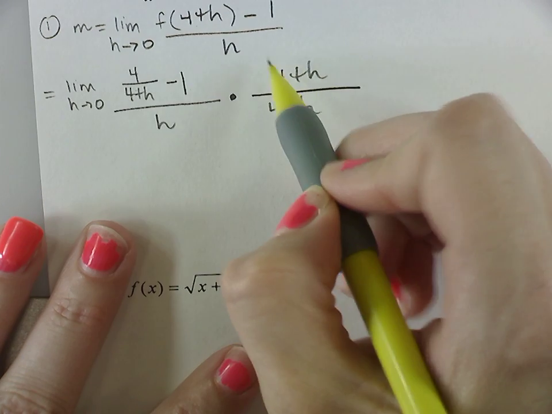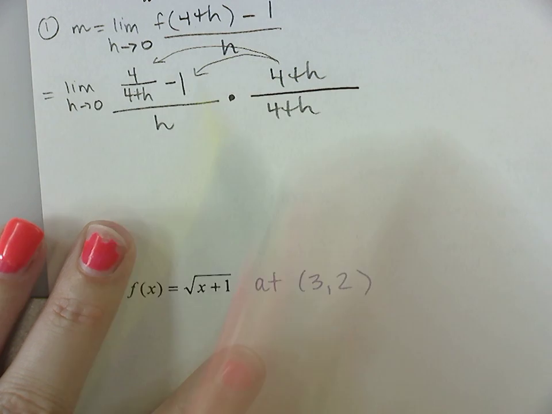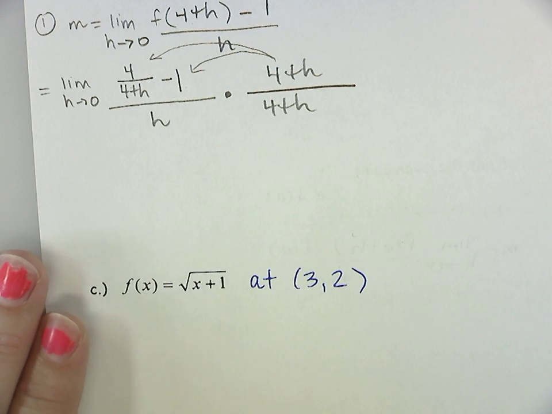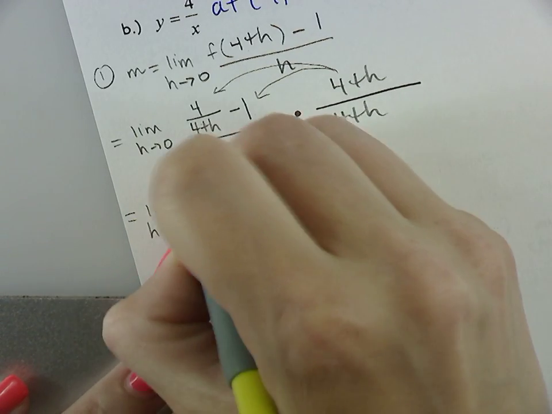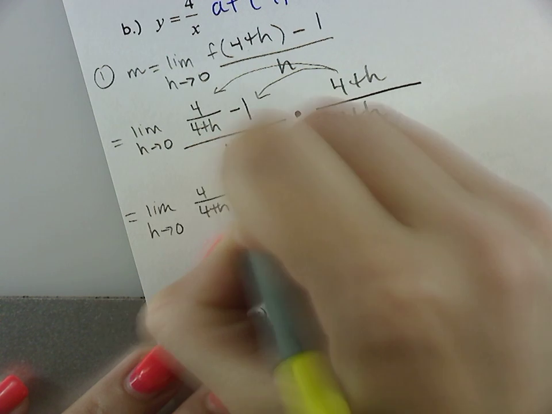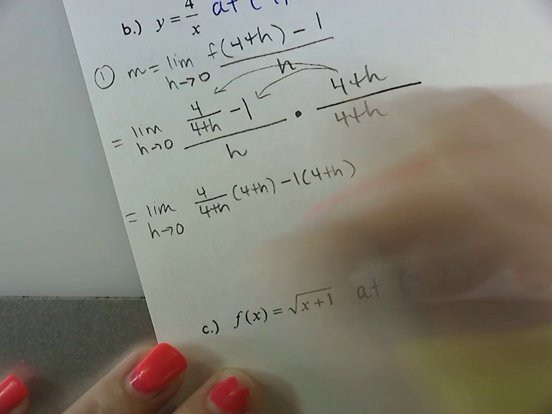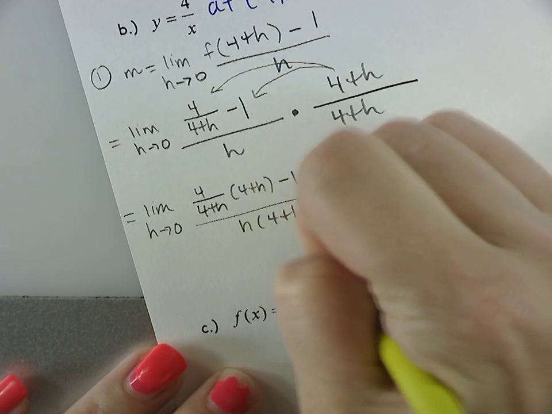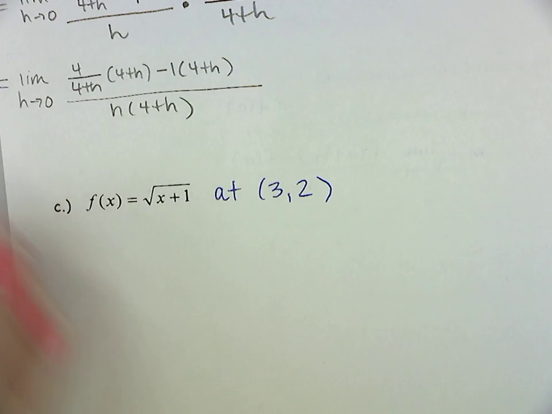Now, when you multiply that, see how you have 2 terms here? That means you have to distribute. So you're going to distribute to this term, and you're going to distribute to this term. Okay? So when you do that, it's really like you have the limit as H goes to 0 of 4 over 4 plus H times 4 plus H minus 1 times 4 plus H. And then remember yesterday how we just left this as H times 4 plus H?